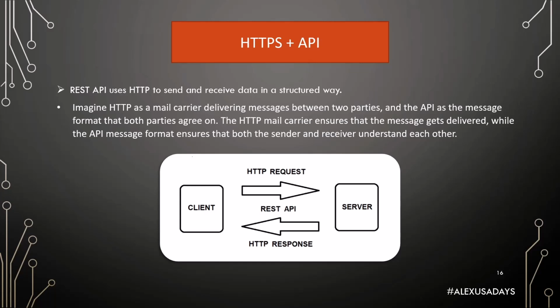REST API uses HTTP to send and receive data in a structured way. Imagine HTTP is essentially like a mail carrier delivering messages between two parties, and the API is the message format that both parties agree on. The HTTP mail carrier ensures that the message gets delivered, while the API message format ensures that both the sender and receiver understand each other.